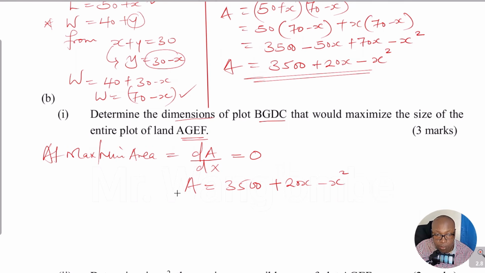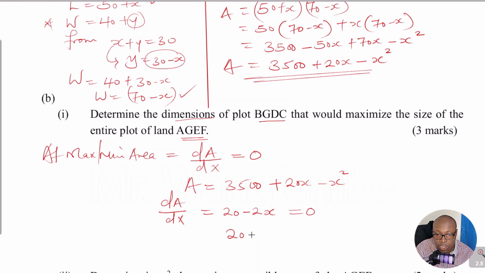So at maximum or minimum area, we differentiate the area with respect to x. The 3500 will be gone. When you differentiate 20x, you get 20. Then differentiating negative x squared gives minus 2x. At maximum or minimum area, this should be equivalent to 0.